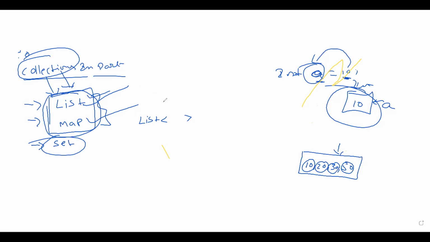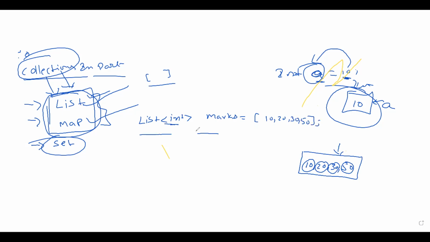Integer, right? So this list contains the integer data type, and the variable name is marks. A list is declared with square brackets: 10, 20, 30, and 50.